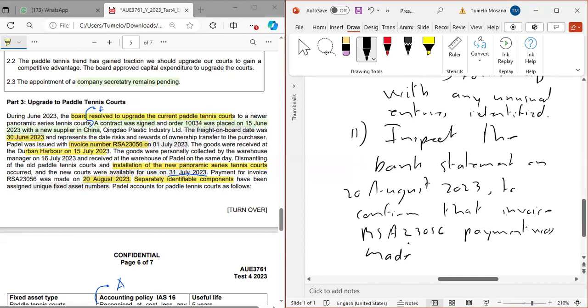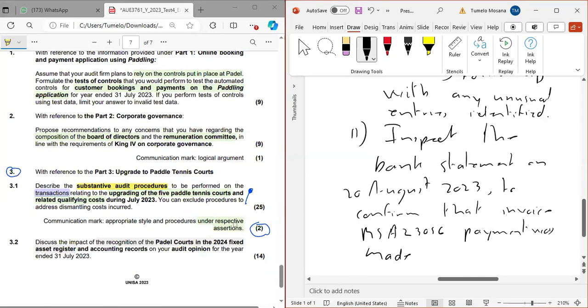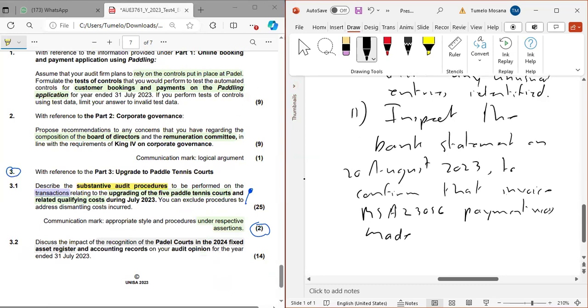And the way they are marking substantive procedures is very great because you get 1.5 for every point that you've stated. So essentially it is 25 marks, right? For you to basically do well in this paper, you would need 25 divided by 1.5, right? So essentially, how many points would you need to do well in this paper?